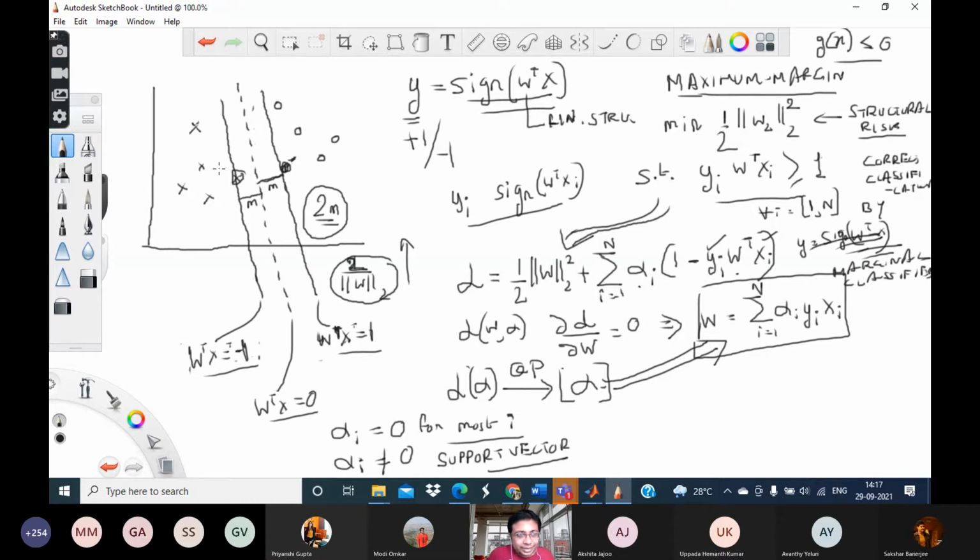These points are critical, that is, their correct classification determines whether our classifier is doing well or not. The other points which are further apart are easy to classify, they are not critical. It's really these which are the critical ones, and so W actually depends on these points, not on the other points.